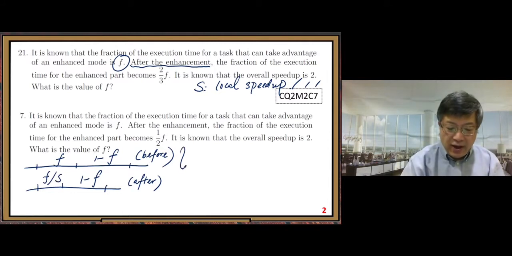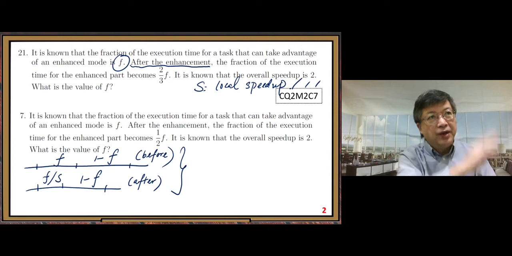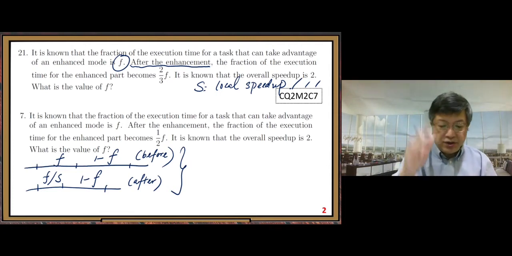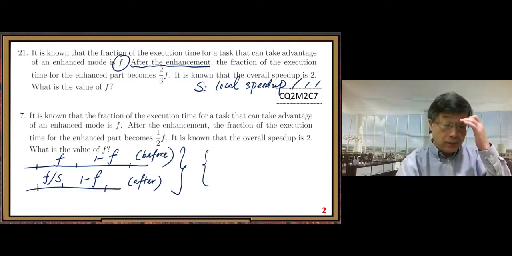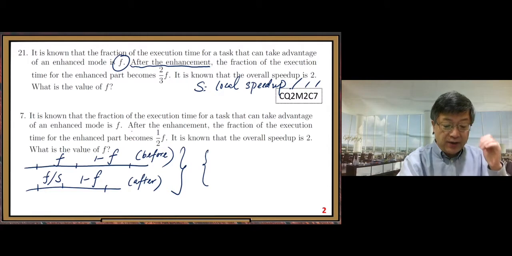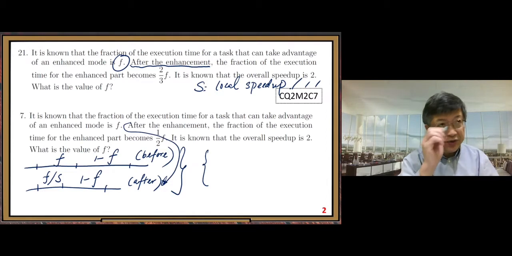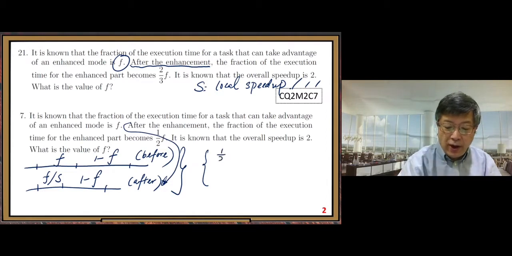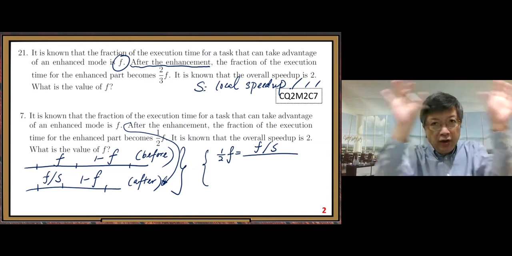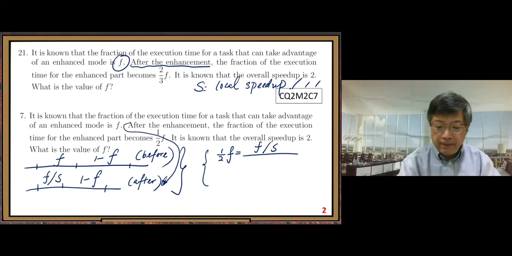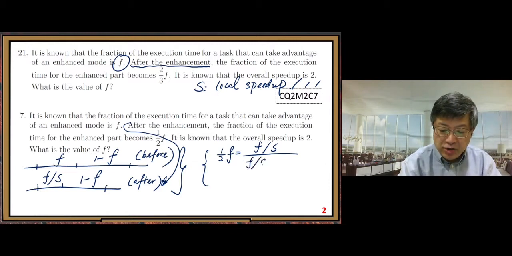Then, by the given 2 conditions, we can set up 2 equations. The first one, after enhancement, fraction of execution time: 2/3 f equals f over s, the enhanced part over total, including enhanced part plus non-enhanced part.